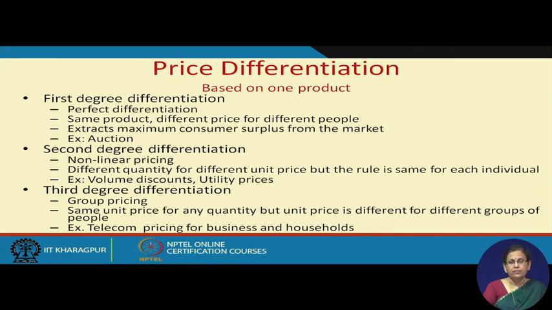Similarly, you can imagine that telecom prices or certain other commodity prices are different for different settings. For business organizations it is one setting, like LPG cylinders: for business purposes it is one price, and for your regular consumers it is another price.